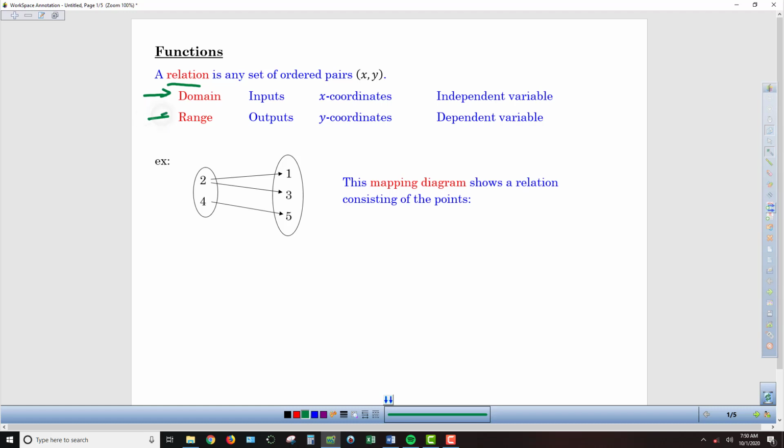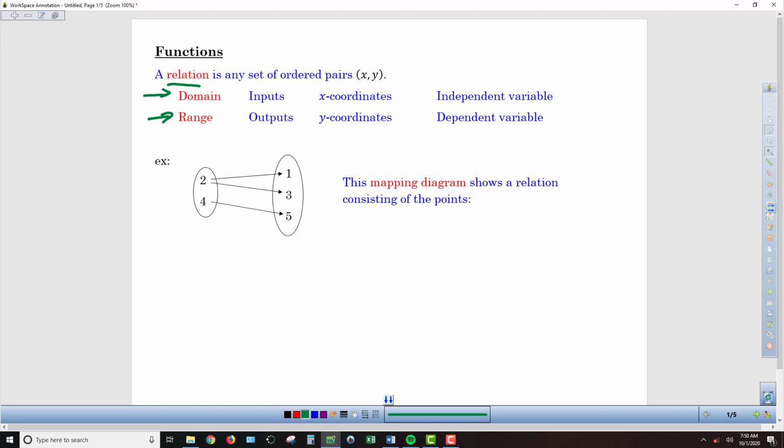And then the range is going to be the outputs, the results of whatever inputs we plugged in. It's the y-coordinates on a graph. We call it the dependent variable in the equation because it depends on what we plugged into the function as to what our outputs are going to be, what the y values are going to be.